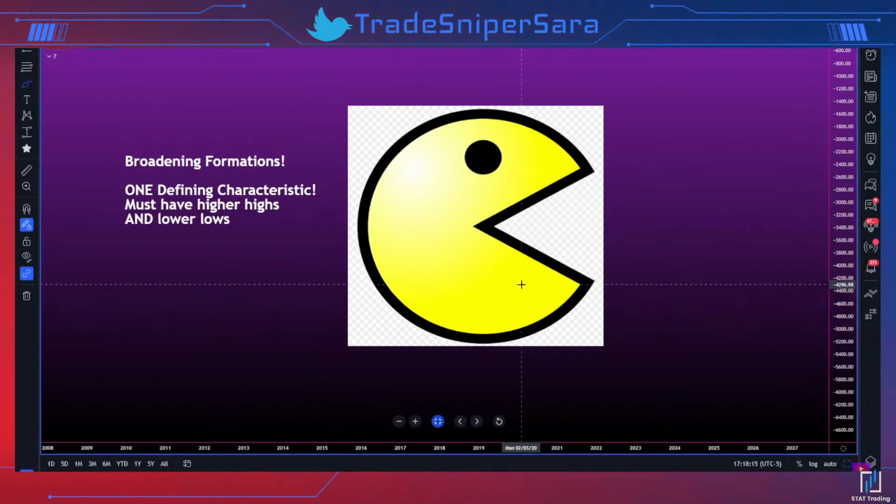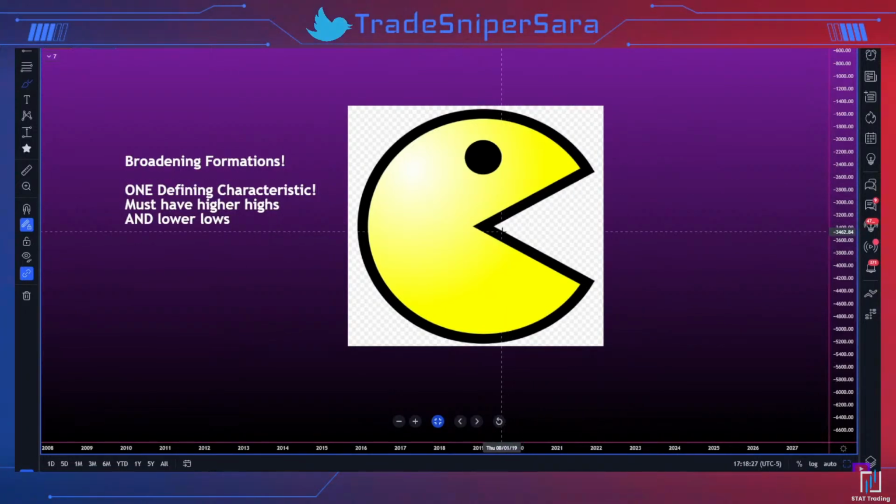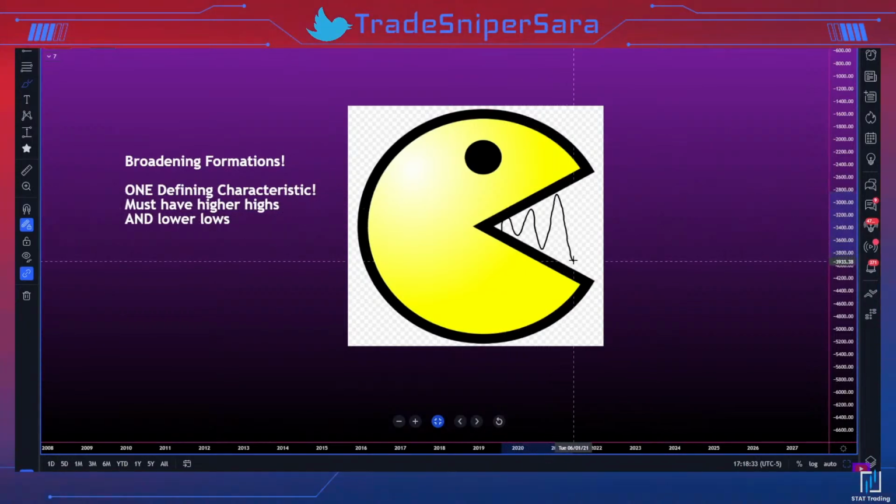And Mr. Pac-Man is chewing up and spitting out breakout traders. And so I want you to imagine when you're trying to find broadening formations on your charts, the Pac-Man mouth. And all we're doing is identifying price action that has higher highs and lower lows. So something like this.